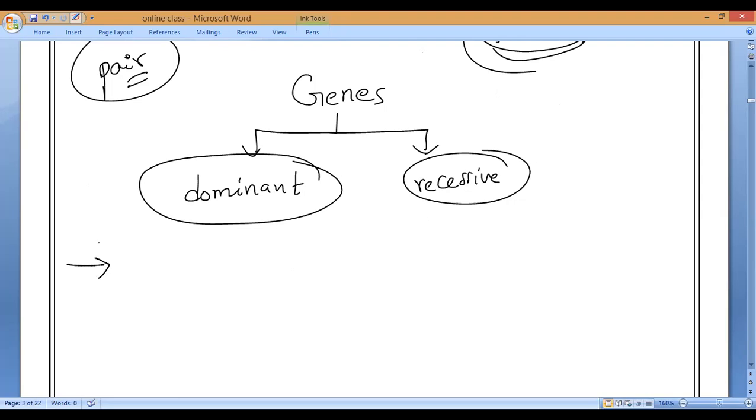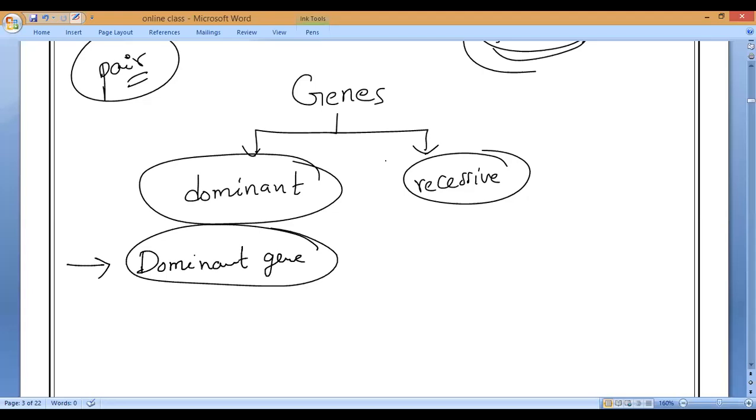So now let us come to the dominant gene. I don't want to go into very much detail here. Remember, the dominant gene is the one which decides the appearance of an organism even in the presence of an alternative gene. For example, consider any two friends.